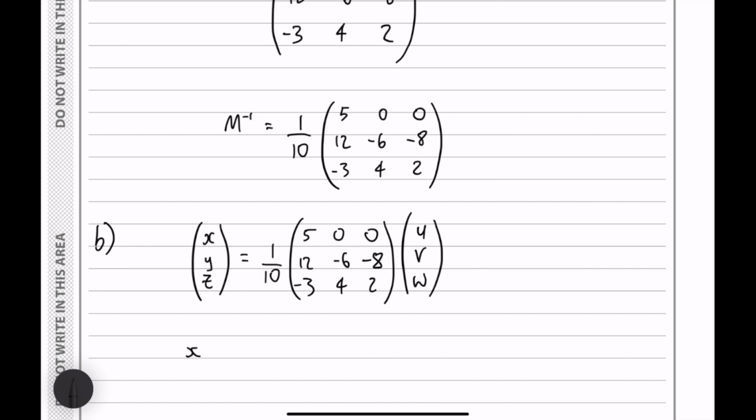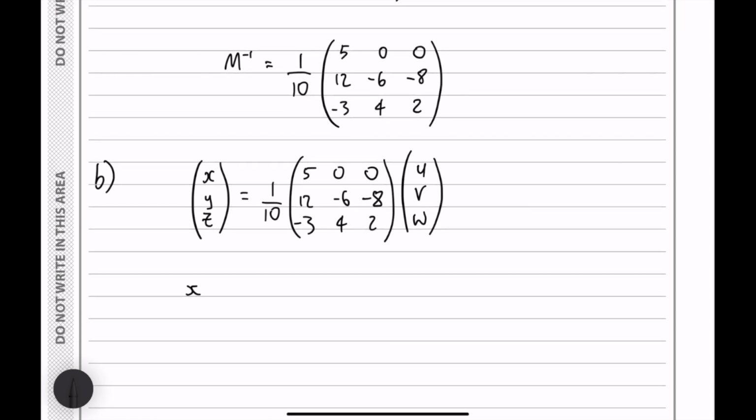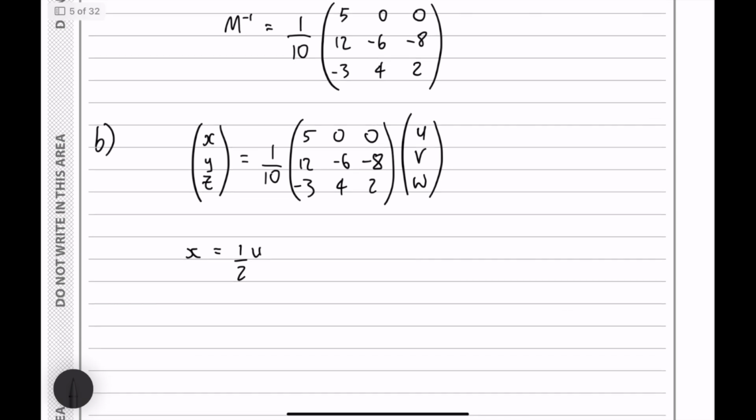So taking each component in turn, and now I am going to have to multiply by the 1 over 10, so I'll do that as I go, because that's just an easy fraction for each of these. 5u, 0v, 0w, so that's 5 over 10, which is a half u, and there's no v or w for that. That's a nice easy one.